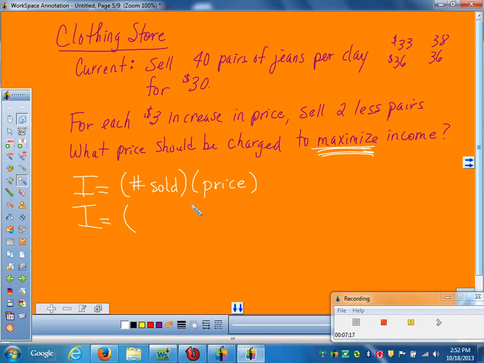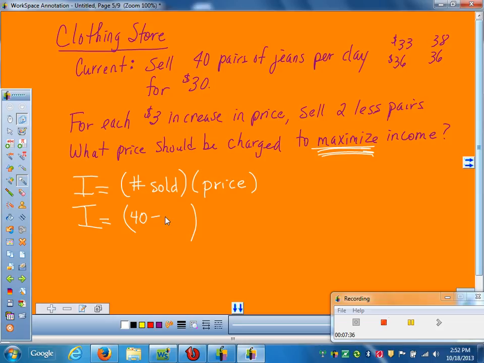Okay, what we have to do is we have to turn this into an equation. So in our instance, we're currently selling 40. What's going to happen when we up the price? Are we going to sell more or sell less? We are going to sell less. How many less? 2 for every time we change the price, for every $3 change in the price.